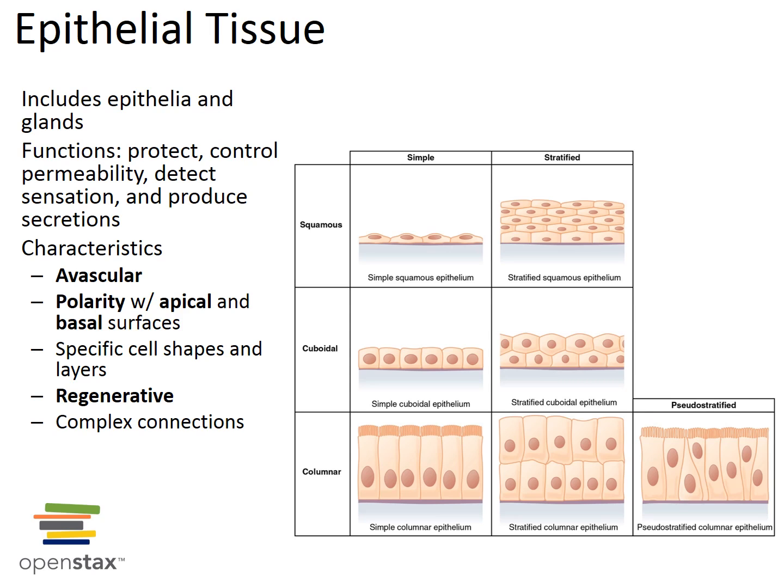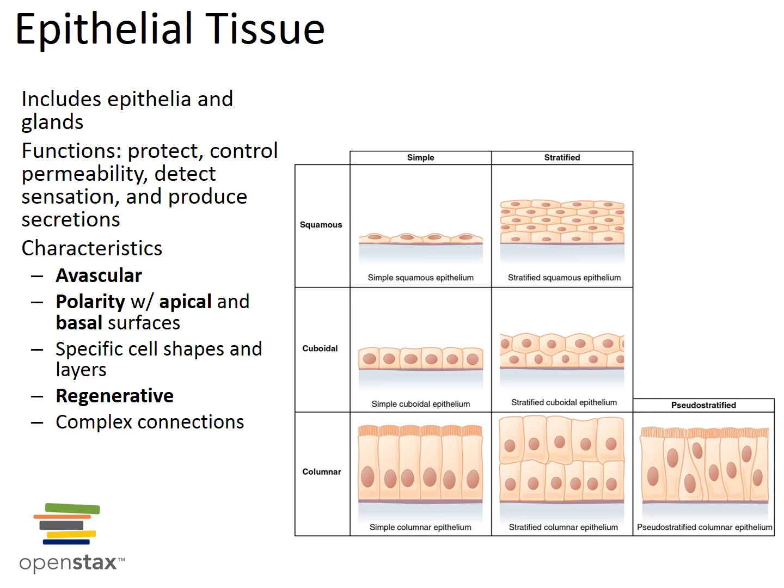It can either be simple, composed of one cell layer, stratified, composed of multiple cell layers, or pseudostratified, where the cells are arranged in various groupings with the nucleus not in the center of the cell but found in various locations throughout the cell.